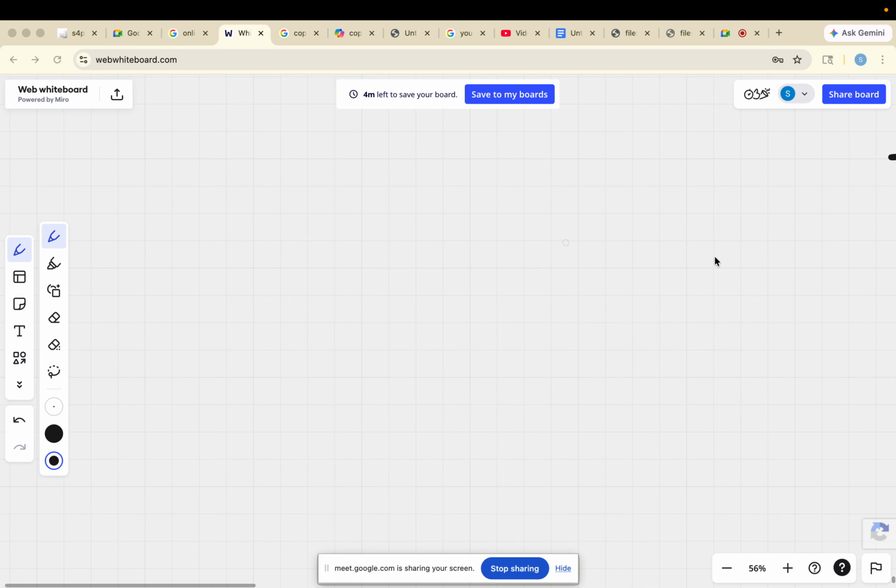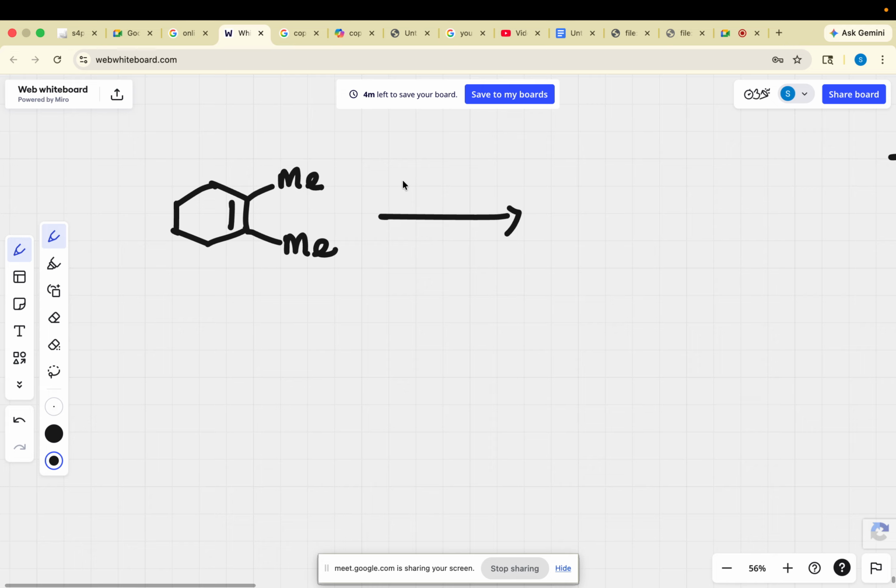Suppose you have this example I have given. If you have any alkene compound and you are using hydrogen in presence of palladium carbon, that time it will do trans addition.